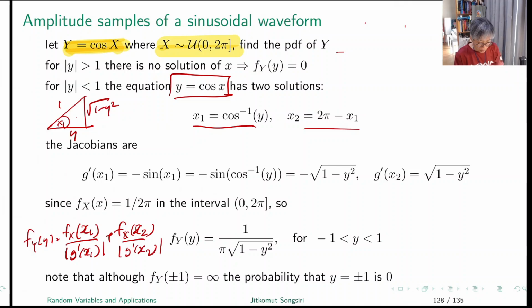Now let's take a look at the Jacobian. When you take the derivative of cosine, you get minus sine.